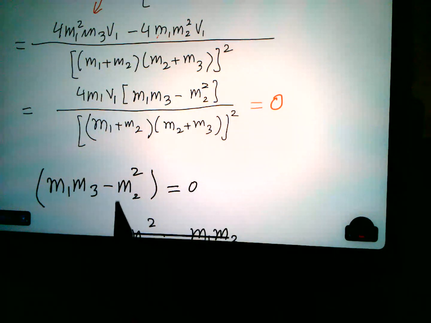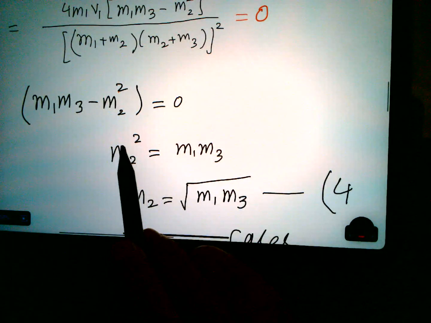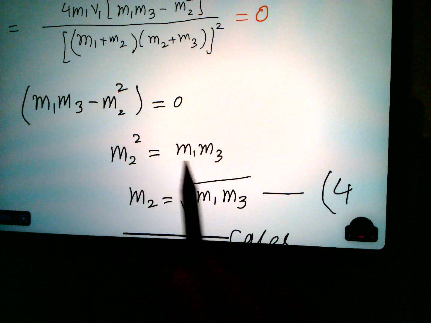That means m1 m3 minus m2 squared equals 0, so m2 squared equals m1 m3.